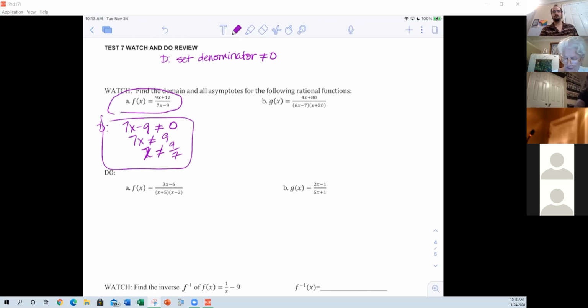Then the asymptotes. What I would normally do is find the horizontal asymptote first. To find the horizontal asymptote, I compare the degrees in the numerator and the denominator. So what is the horizontal asymptote in this problem?